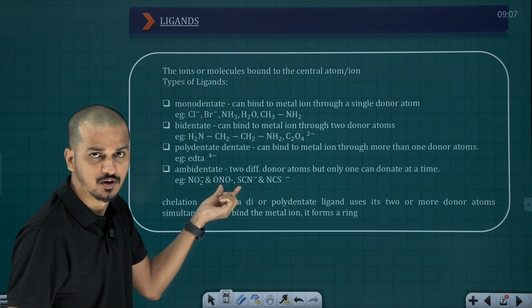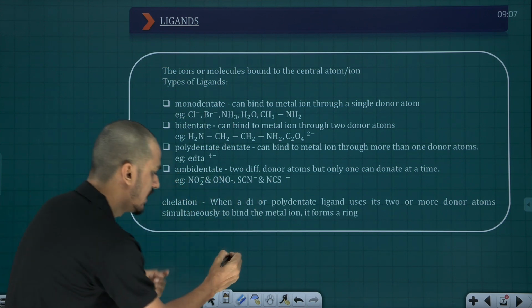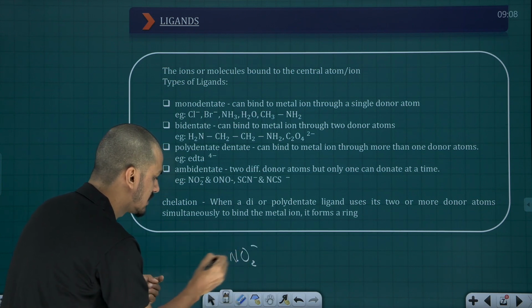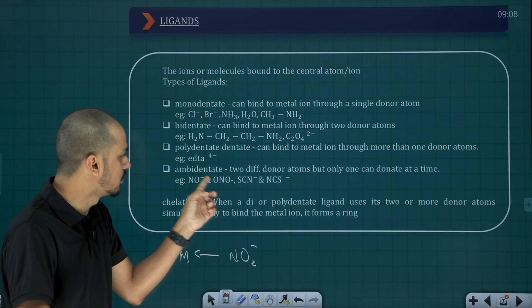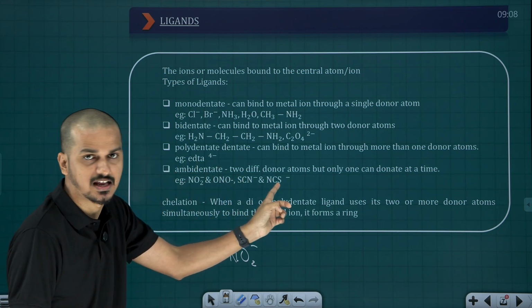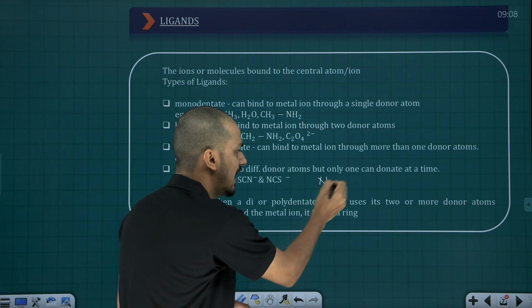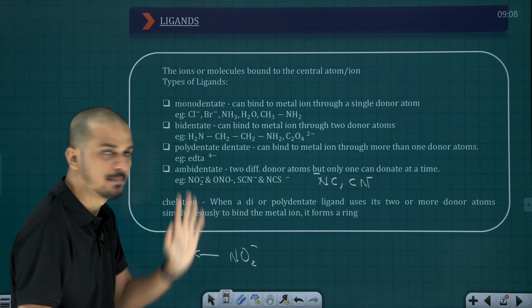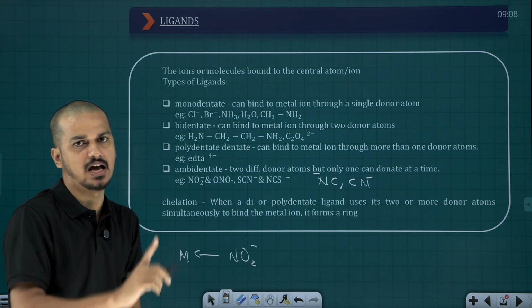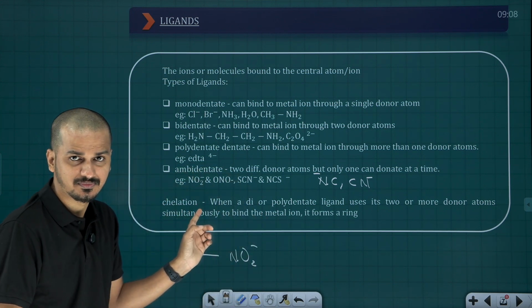NO2- means they attach to the central metal atom through N, and ONO- means they attach through O. SCN-, NCS-, CN-, NC-: these all are ambidentate ligands. At a time only one atom can bind to the central metal atom. Okay, ready? Next one, chelation.